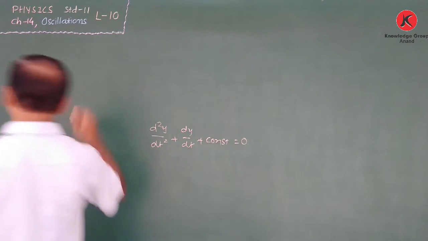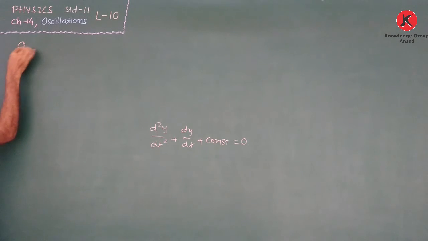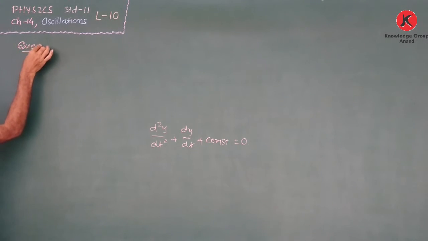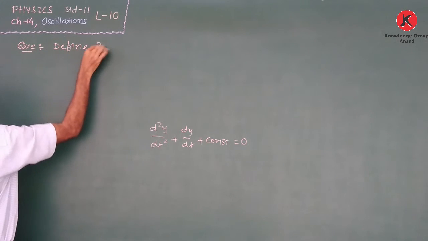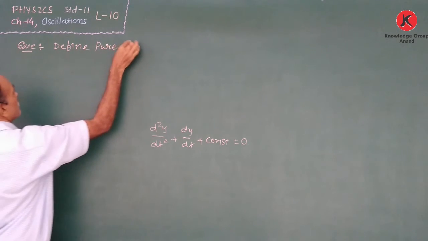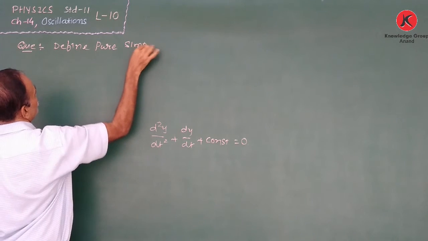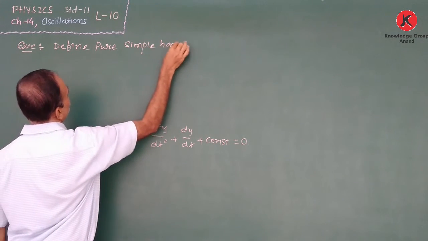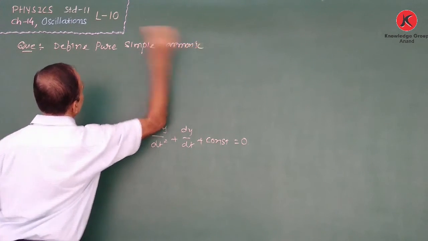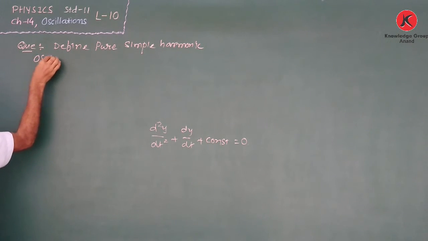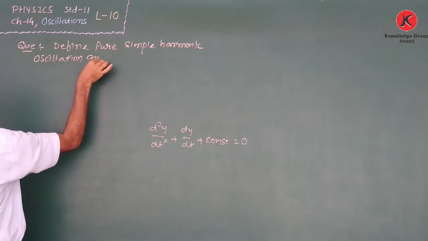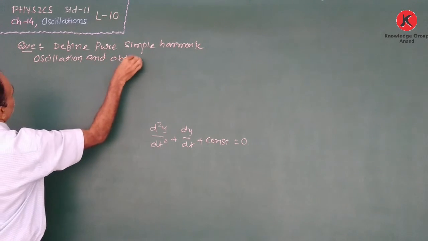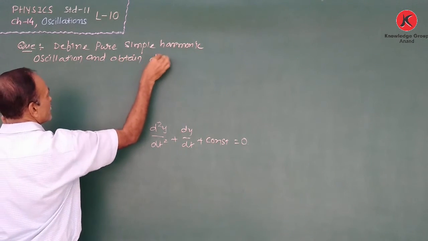So the question is: define pure simple harmonic oscillation and obtain the differential equation for it.